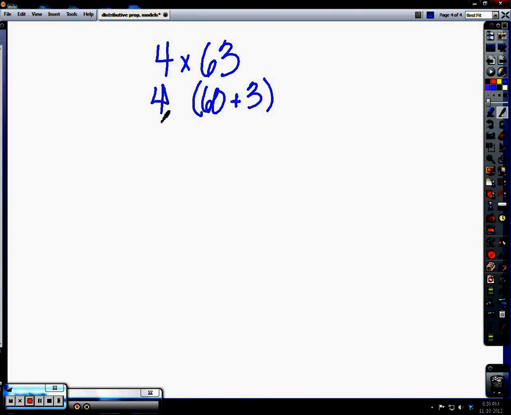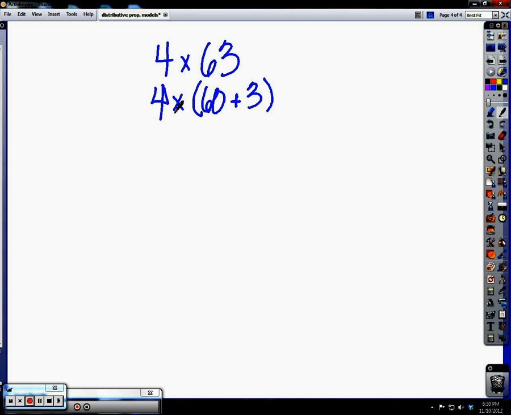So if we wanted to multiply 4 times 63, we could break down the 63 into 60 plus 3. 60 ends with a 0. And put the 4 times in front of it. Here is where we use our distributive property. We distribute or give whatever is outside of the parentheses to each number inside of the parentheses.